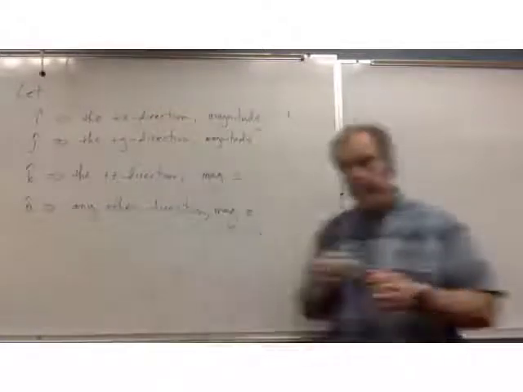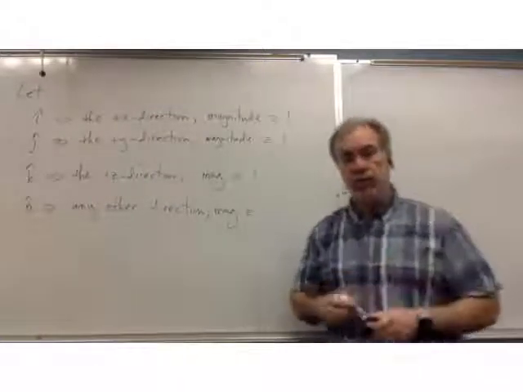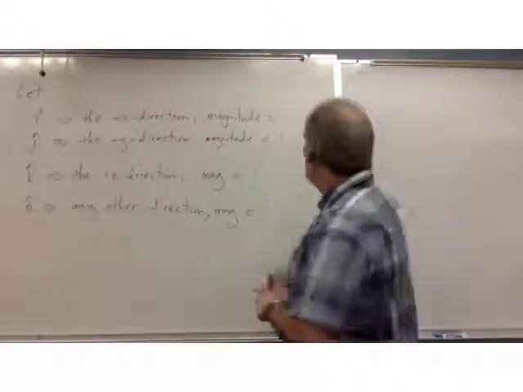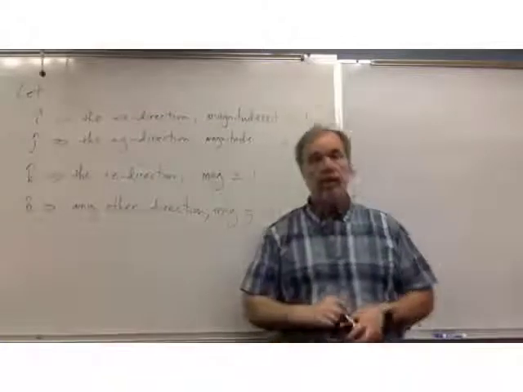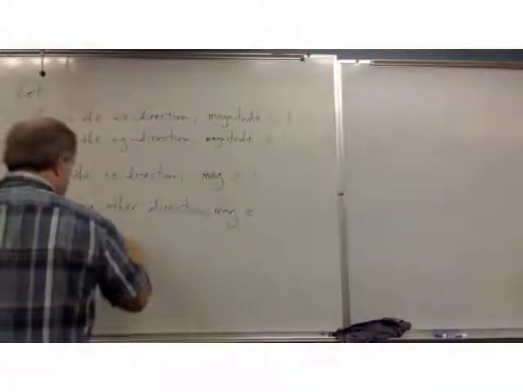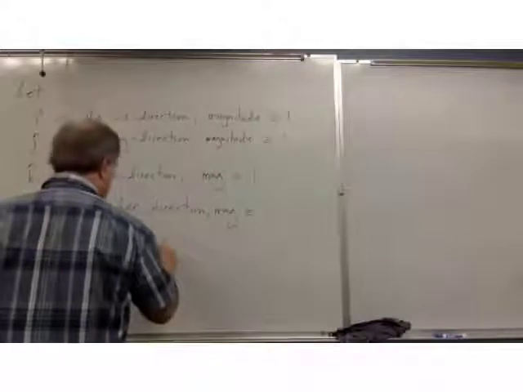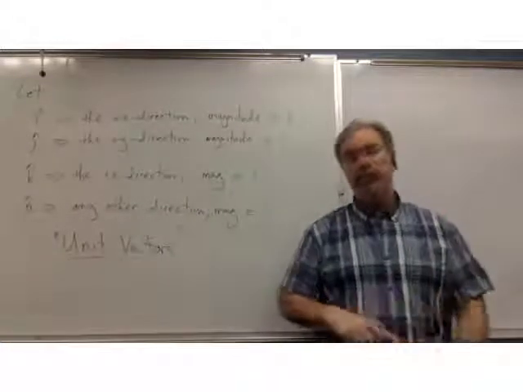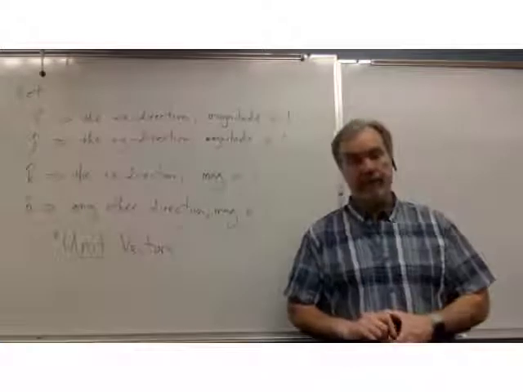Okay, so all of them by definition have a magnitude equal to 1, all right? These objects are known collectively as unit vectors.